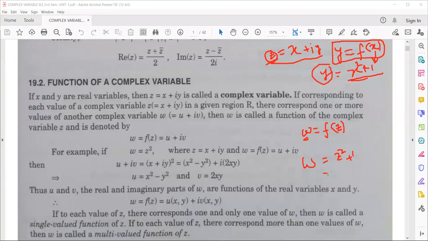Now z means x plus iy, so w is (x plus iy) whole square plus 1.